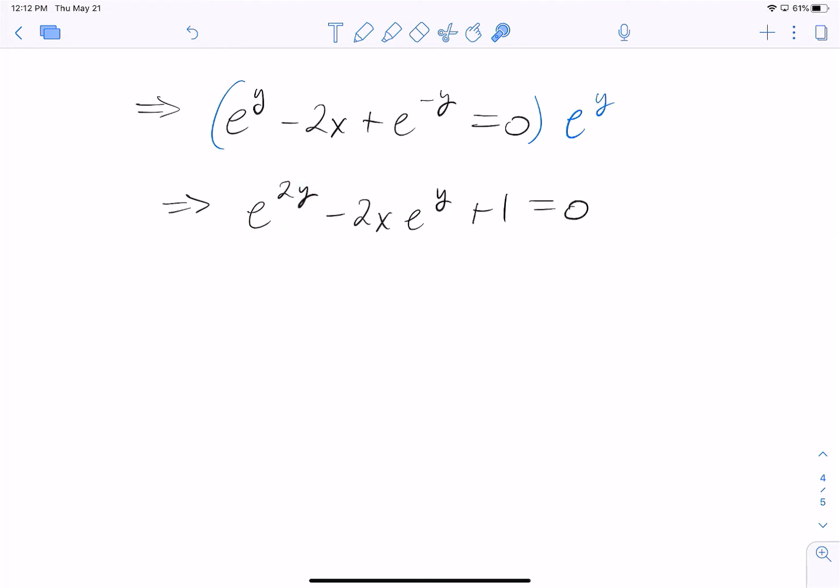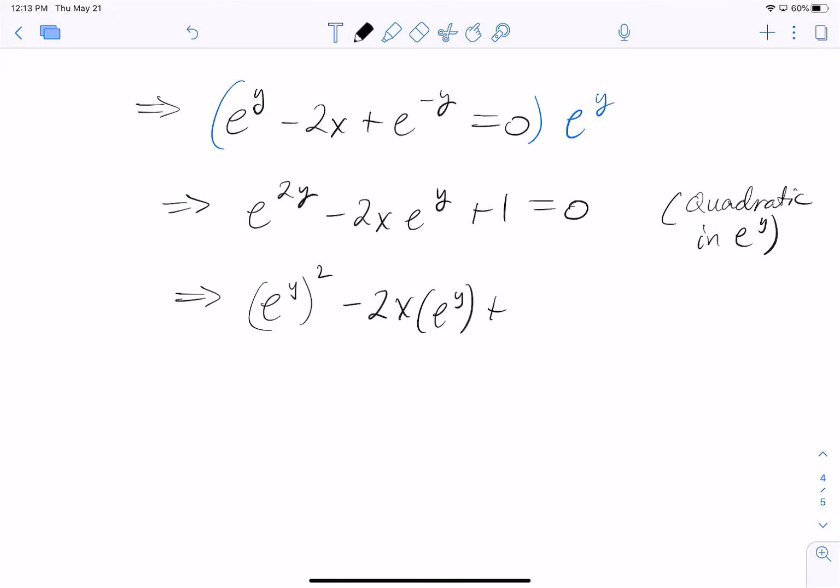So to express that, I'm going to rewrite e to the 2y as e to the y squared. And then I'll rewrite everything else. Minus 2x e to the y plus 1 is equal to 0. Now we can see I have thing squared minus 2x thing plus 1 equals 0. And that fits the form of a quadratic.